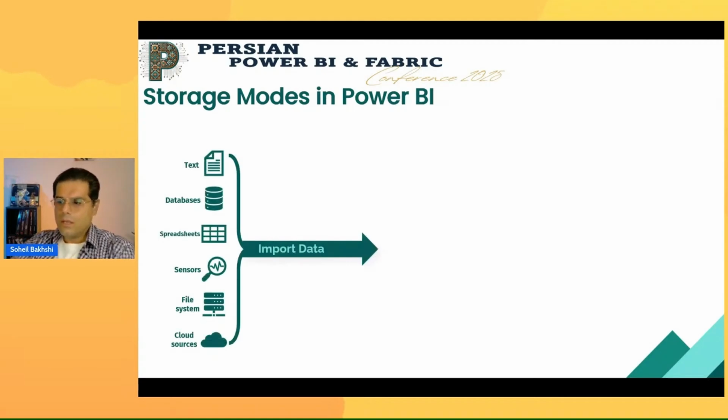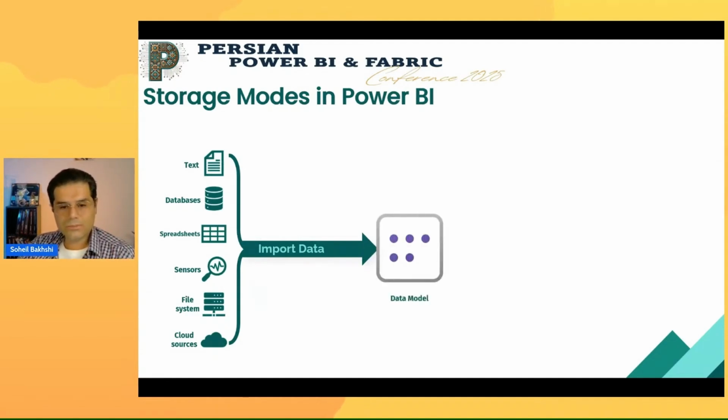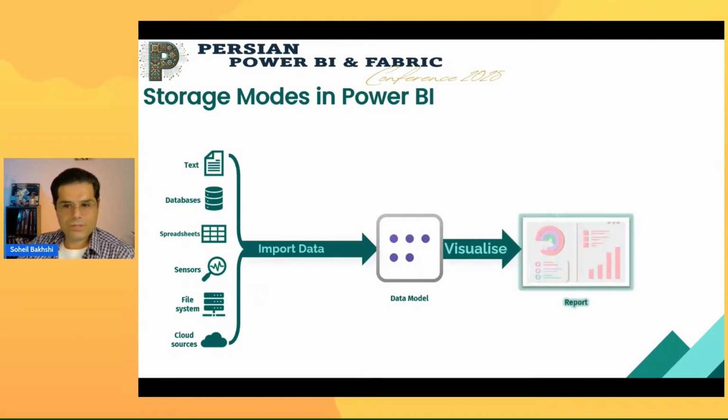Okay, so we have a couple of data sources. Now we import that data into the data model, and then we visualize it, right? I've showed it a couple of times so far, but that is not the only option in Power BI. We have DirectQuery as well, which is only available on databases or cloud sources, such as OData.